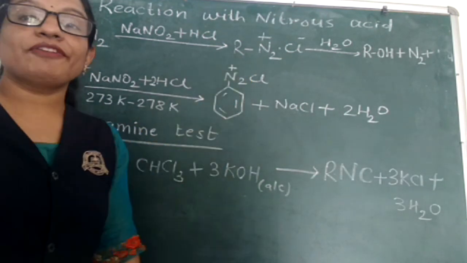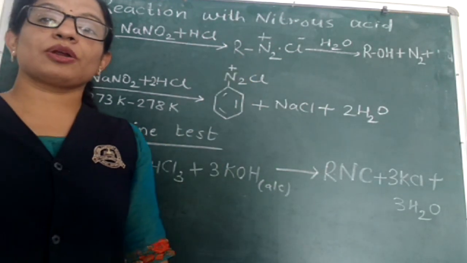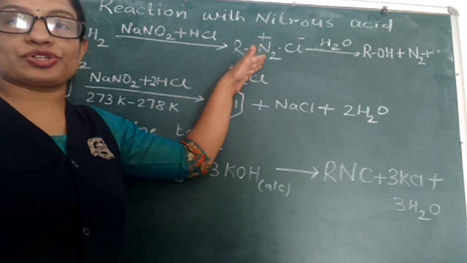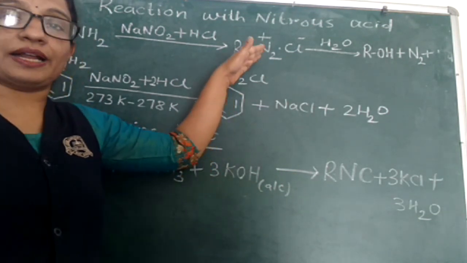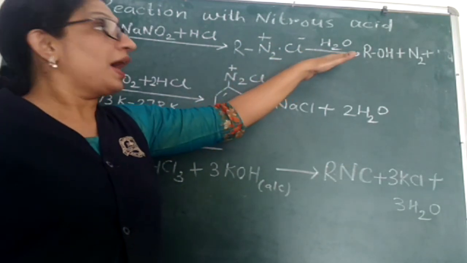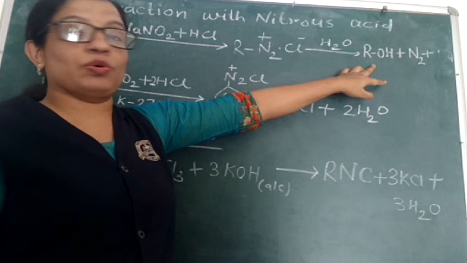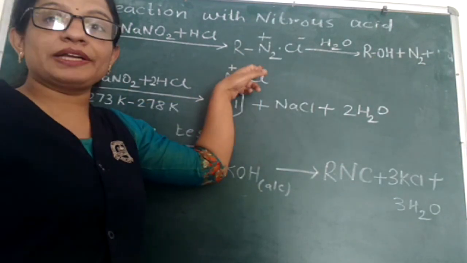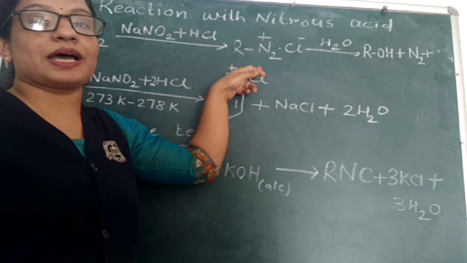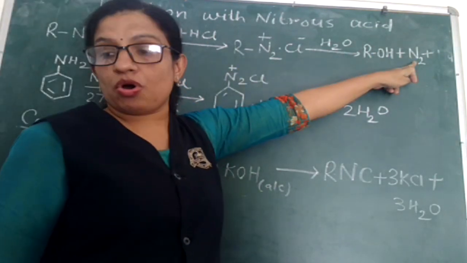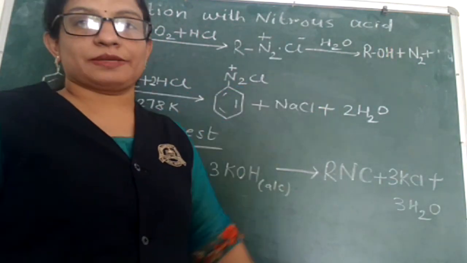But aliphatic diazonium salts are quite unstable. Therefore, since they are aliphatic and unstable, these diazonium salts hydrolyze, and finally alcohol is formed, and the most important point is that the complete nitrogen present in these diazonium salts is liberated in the form of nitrogen gas.